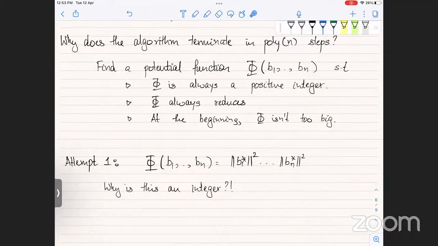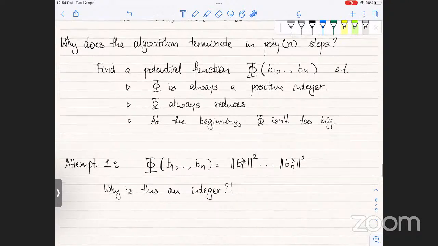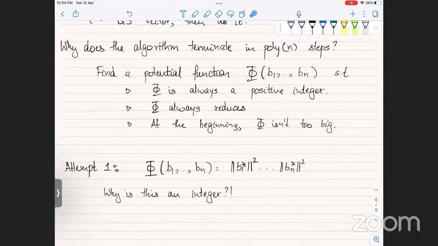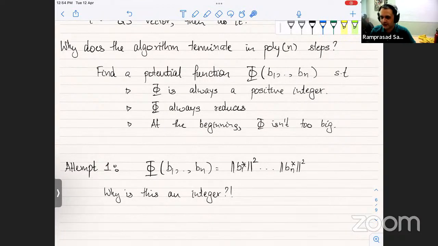I mean, it might happen that if we do two swaps, the ith vector again gains height. We'll have to argue this, because right now we know that after doing one swap, there are only two Gram-Schmidt vectors that can change their length. If I swap i and i plus 1, the only thing that can happen is that the ith Gram-Schmidt vector and the i plus 1th Gram-Schmidt vector could now be different. Everything else is the same.